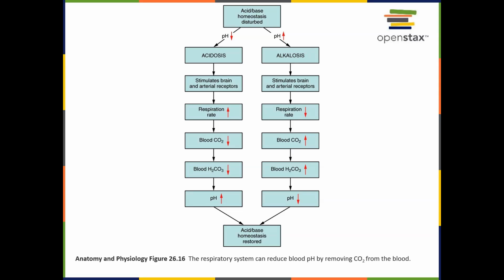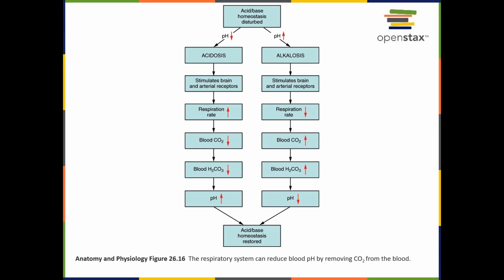Receptors in the brain and arteries detect acidosis. Then a control center in the brain receives the input and sends output commands to the muscles for breathing in order to increase the respiration rate as we breathe deeper or faster.